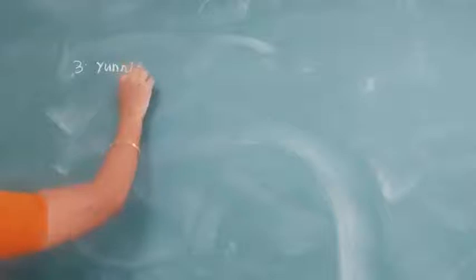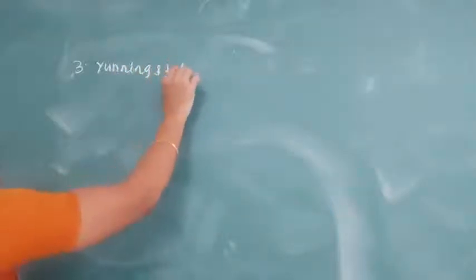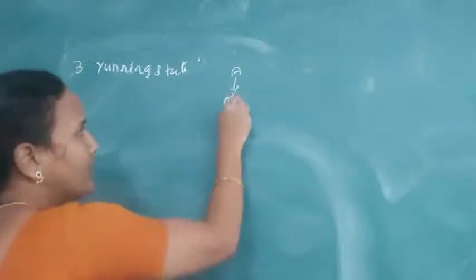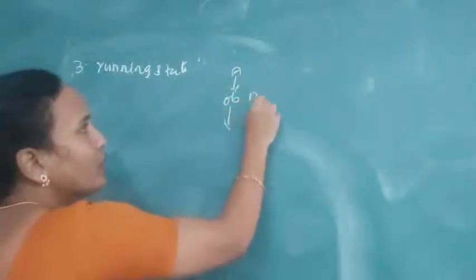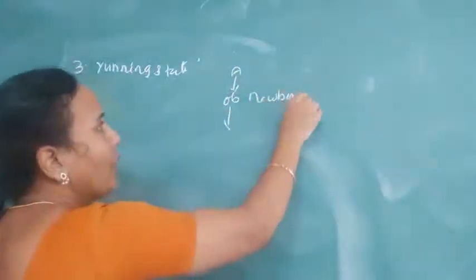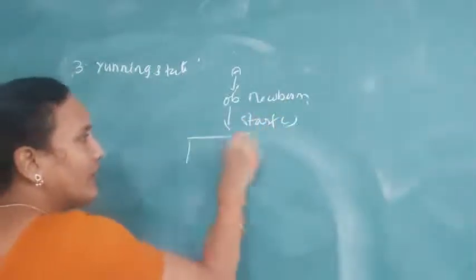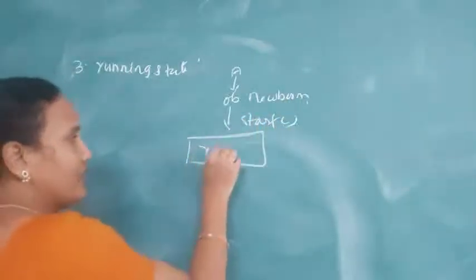Now the next one is running state. See the example. Thread A is there. Object is created, so it is in a newborn state. Okay. And after this, if you call the start method, it will be in a runnable state.